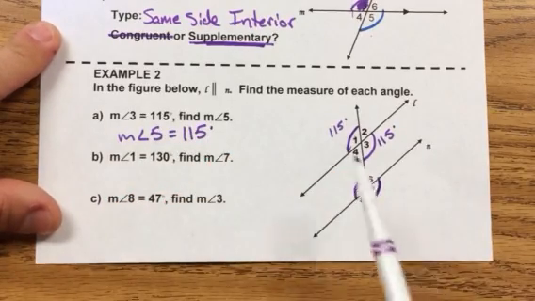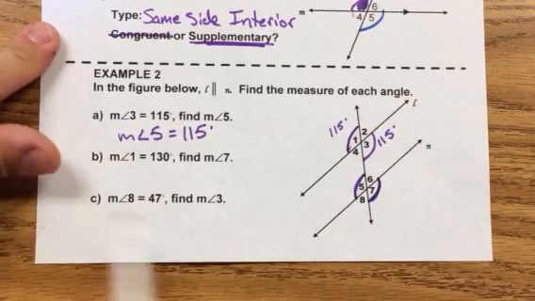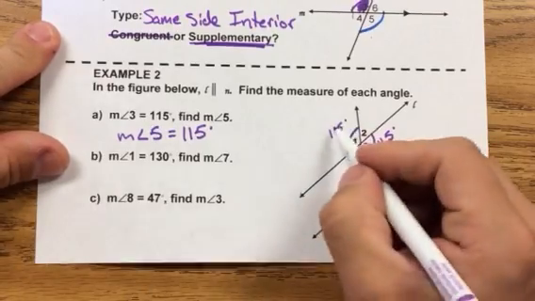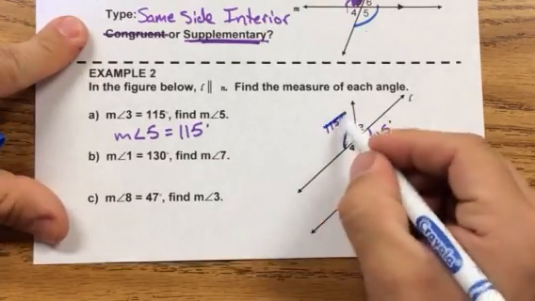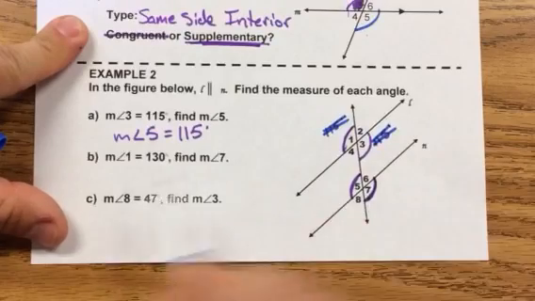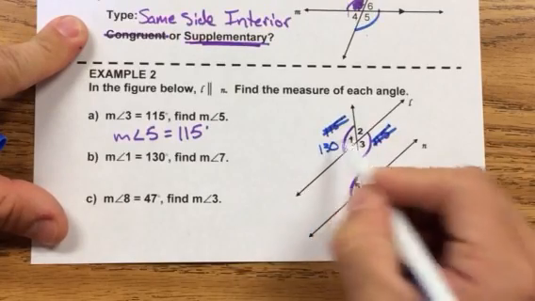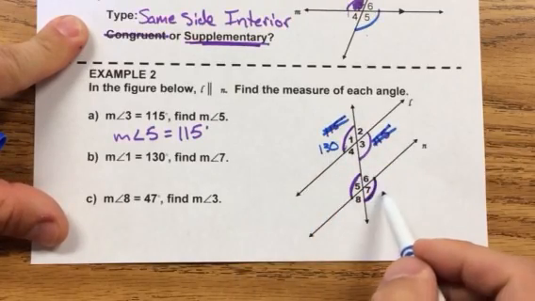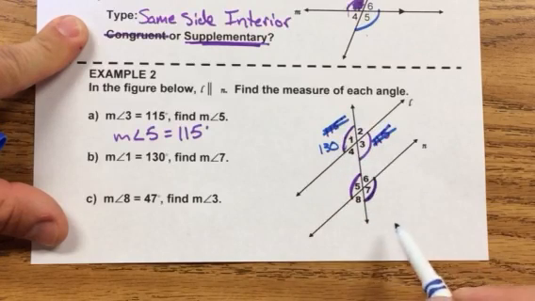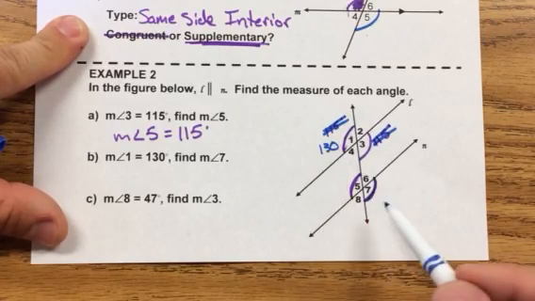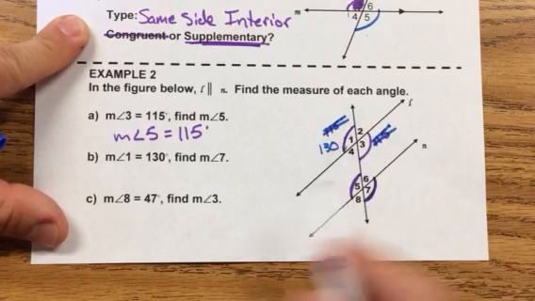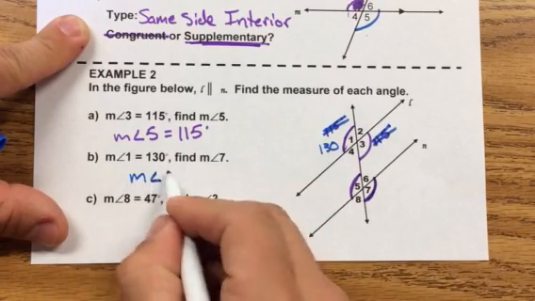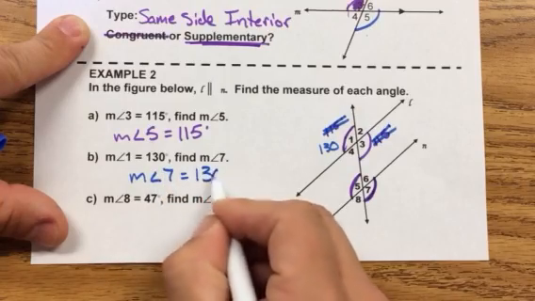To me, the easiest way is I marked all 4 that are going to be congruent. Now they tell me on number 2, angle 1 is 130. They want me to find angle 7. Well, angle 1 and angle 7 are both marked with that purple, which means that they are going to be congruent. So angle 1 and angle 7 would both be 130 degrees.